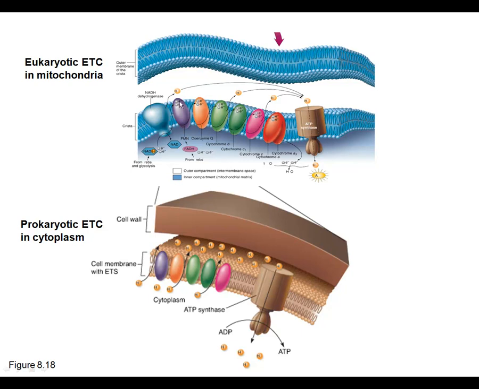As we have all of these hydrogens accumulating on the outside of the membrane, and if I come down here in the bacterial one, it looks a little more obvious, you have these hydrogens that have accumulated here, and this produces something called the proton motive force. That proton motive force is going to be sent through this ATP synthase, and that ATP synthase is going to allow for the oxidative phosphorylation of ADP to ATP.